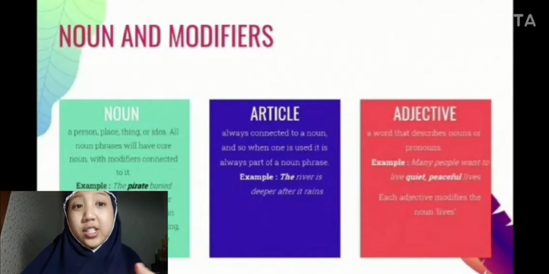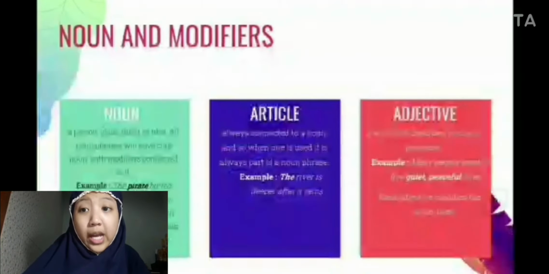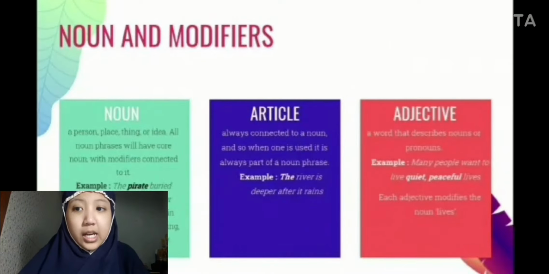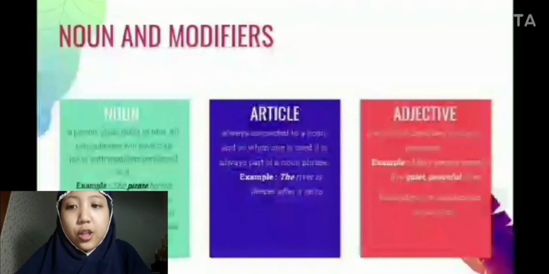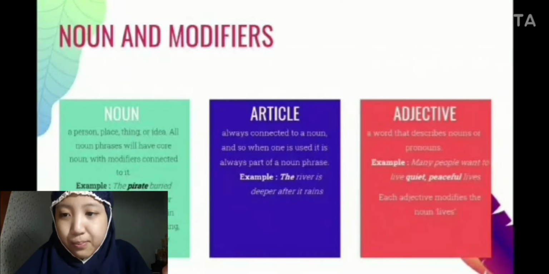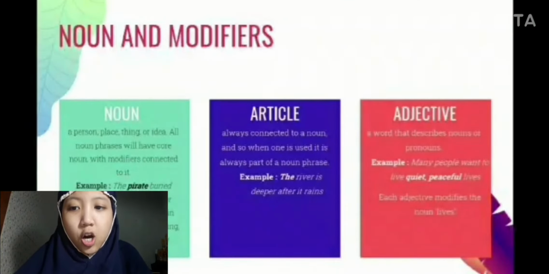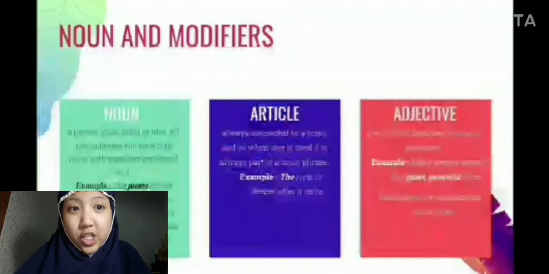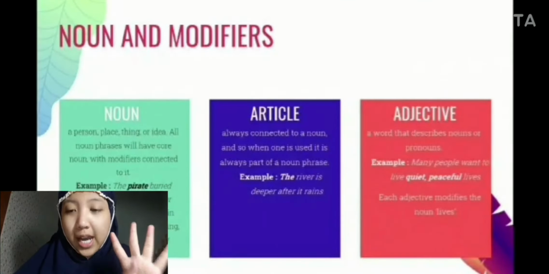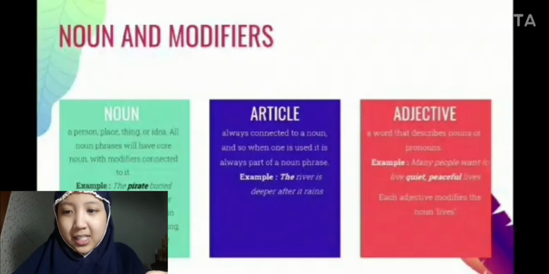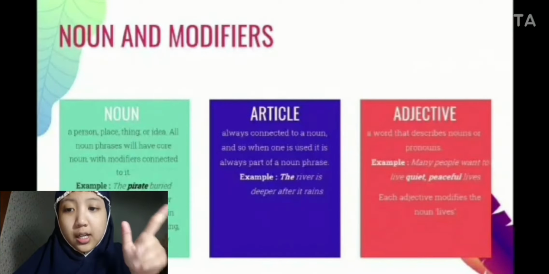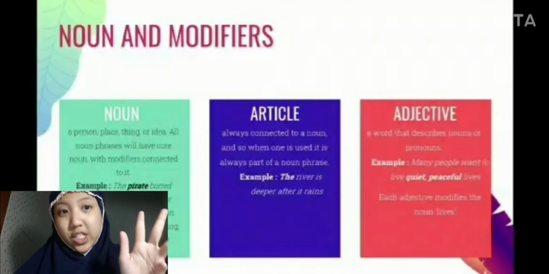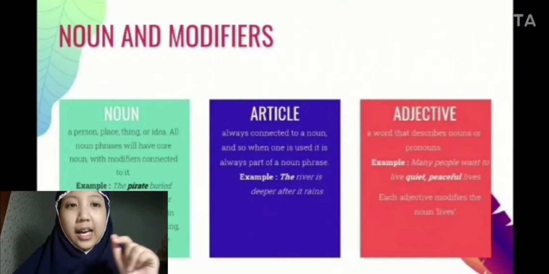I'm going to describe and give examples of what a noun and modifiers are. The example of a noun is: the pirate buried his treasure on an island for retirement. So the four nouns in this sentence are pirate, treasure, island, and retirement.